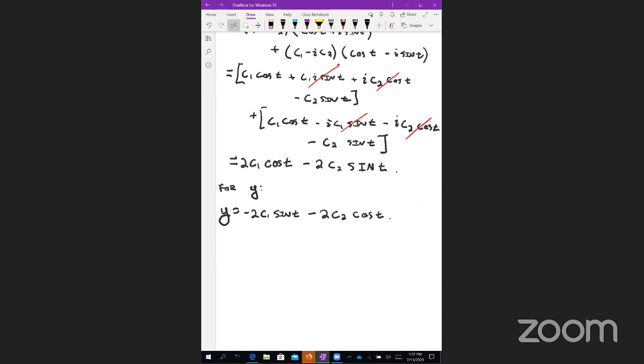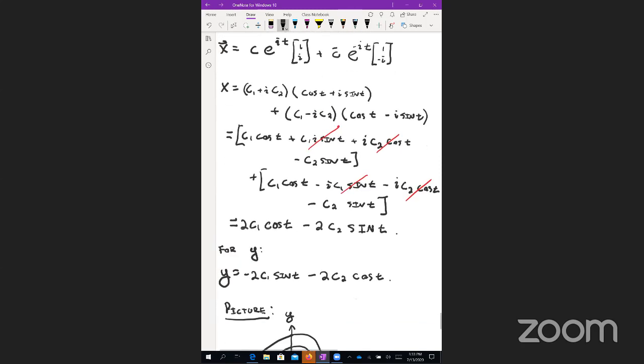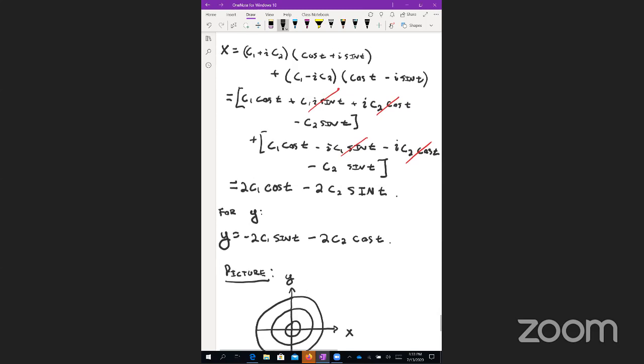And the picture here is that the solution space is going to be given by closed circles. And with a little bit of work, we can figure out which direction they go.